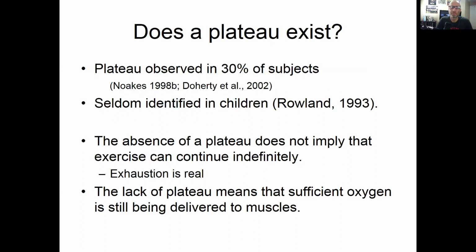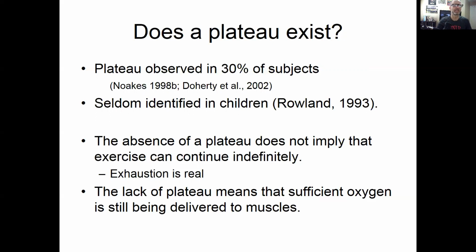Exhaustion is real. People do stop, and they cannot continue. The lack of plateau, however, means that sufficient oxygen is still being delivered to muscles. Okay, that's important. The lack of plateau means that sufficient oxygen is still being delivered to muscles. There's no limit to VO2 that explains the stopping at the end of a graded exercise test.